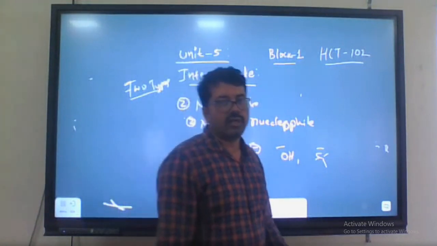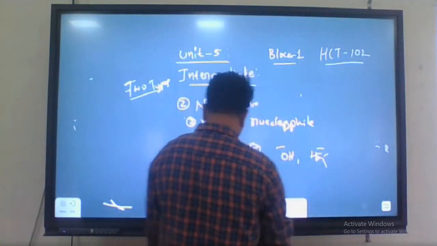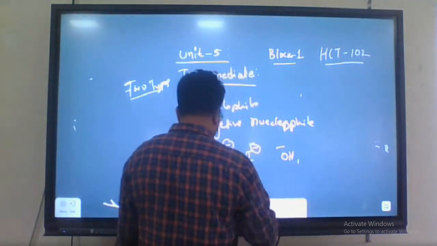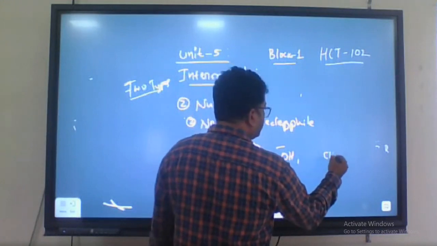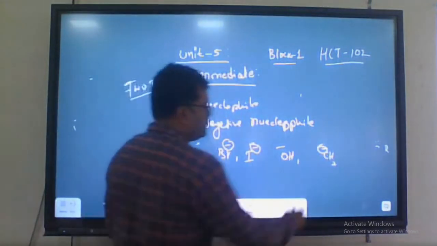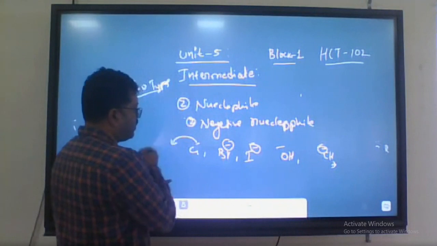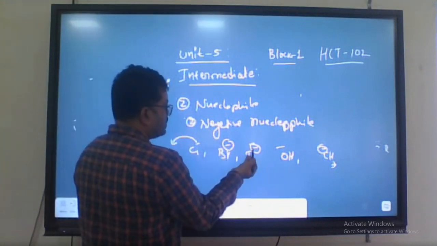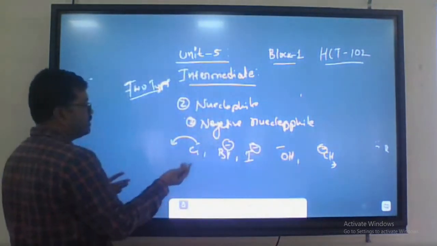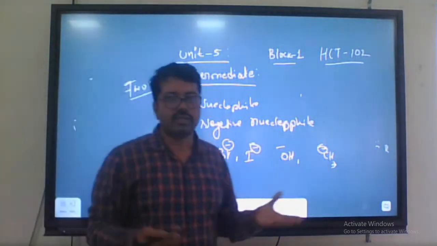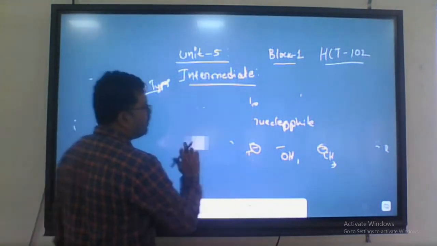These are all rich in electrons, but they carry a negative charge. They easily donate electrons to an electrophile. So that is what a negative nucleophile is. Any substance rich in electrons is called a nucleophile.